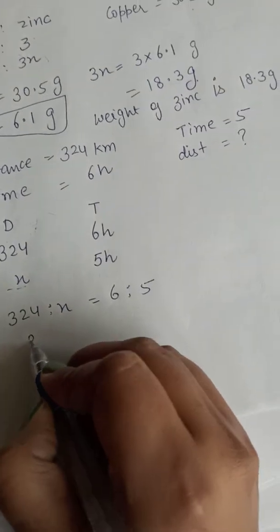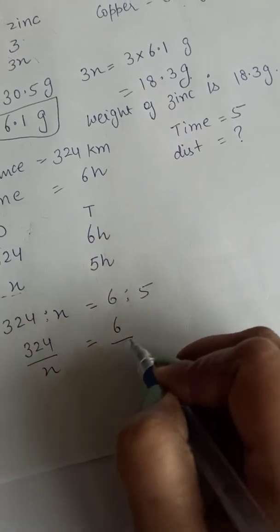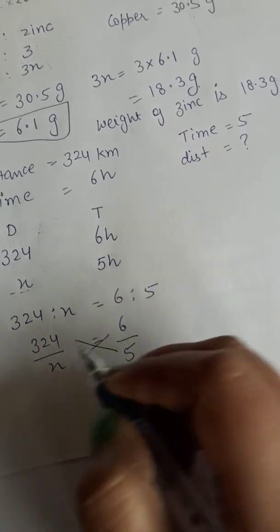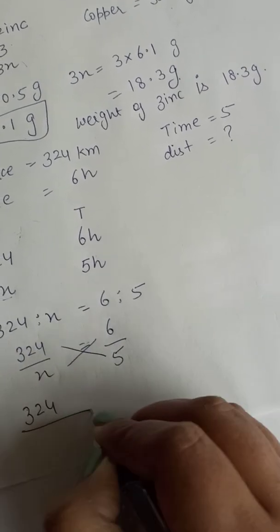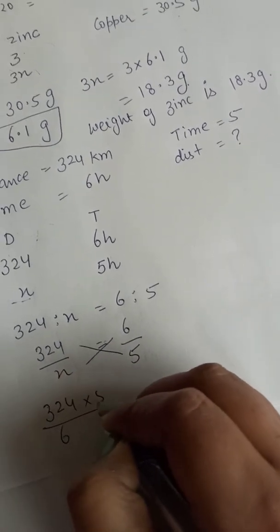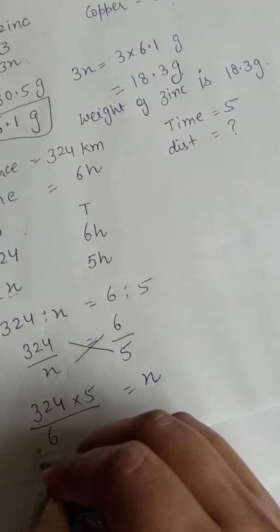Now it can be written as 324 by x equals 6 by 5. Cross multiply. So 6 comes here, and x goes here.